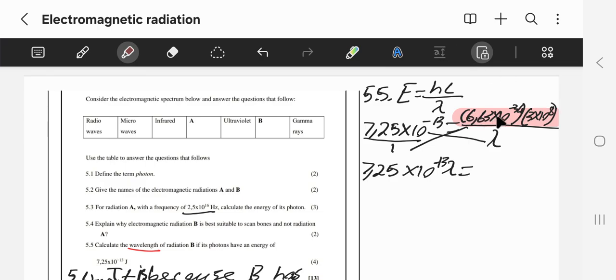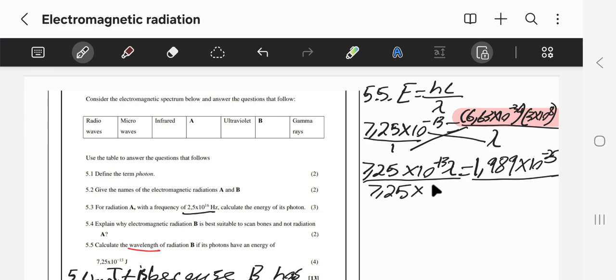Okay, when I say Planck's constant times speed of light, the answer I'm getting is 1.989 times 10 to the power of negative 25. Then I will divide by the coefficient of the wavelength on both sides, which is 7.25 times 10 to the power of negative 13.